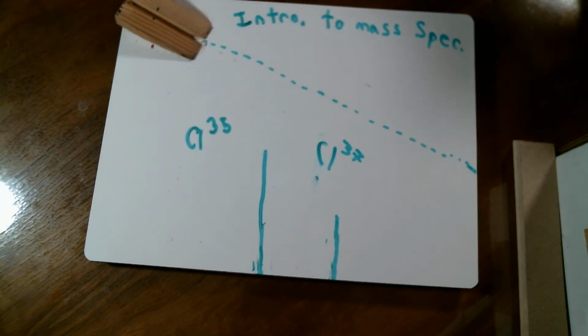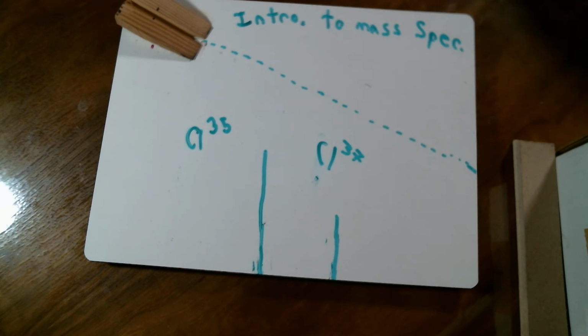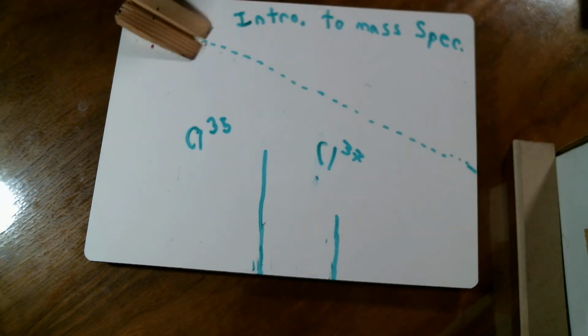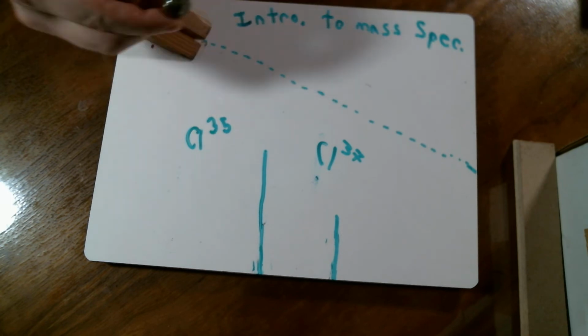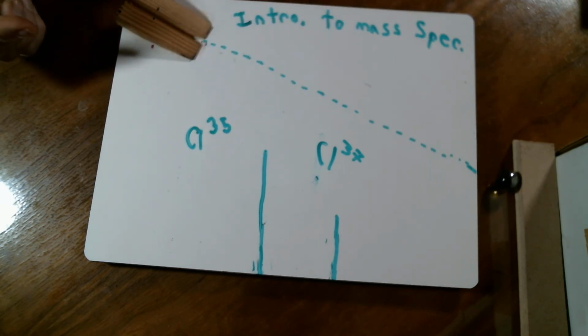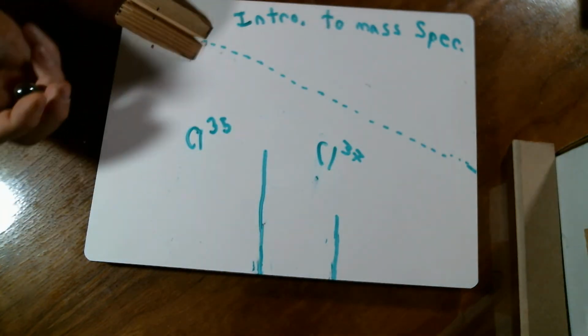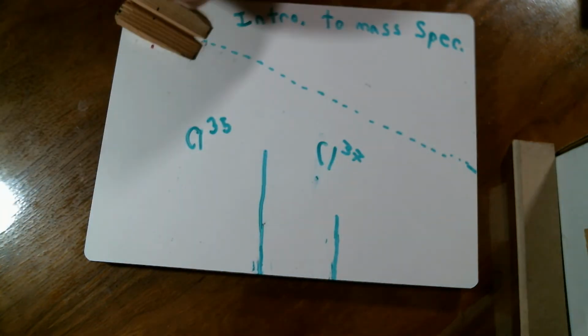Well, the first thing that I would need to do is that if I have an atom of chlorine, atoms of chlorine are neutral, which means just like the glass marble when we started, if I have a glass marble and I drop it down the ramp, it's just going to go straight this direction. It's not going to deviate whatsoever. And that would happen with chlorine 37 or with chlorine 35.